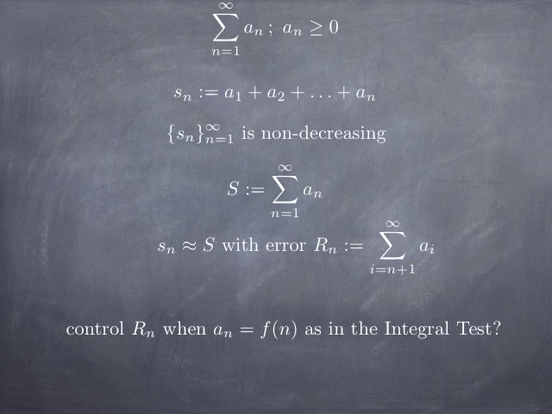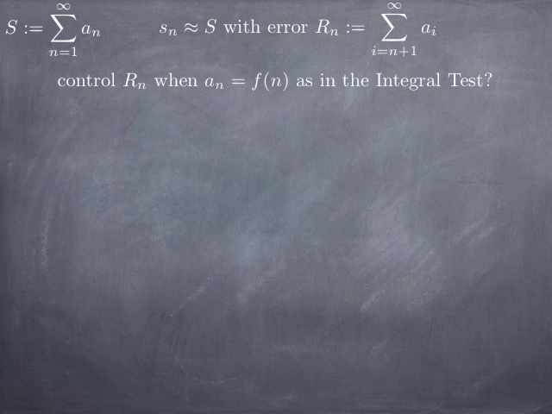And what we want to do, in the situation described for convergence in the integral test, in other words, where a_n is f of n, where f is a non-negative decreasing continuous function on the interval from 1 to infinity, and the integral from 1 to infinity of f of x is convergent, is to control the size of the error we make when we take the nth partial sum to estimate the actual sum.